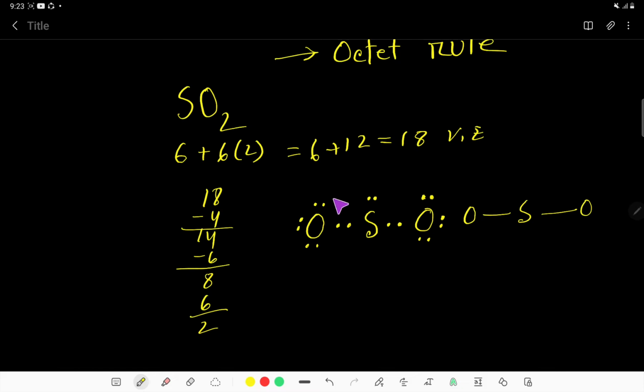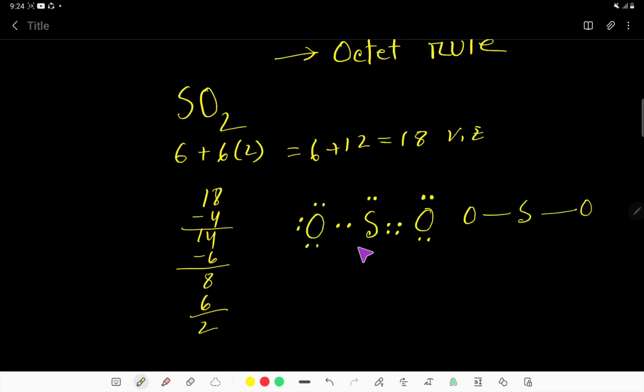So now this oxygen has 8, this oxygen has 8, but this sulfur has 2, 4, 6. This sulfur has only 6 valence electrons, but to satisfy the octet rule we need 8. That is why, look, if I move this lone pair to here, then what will happen?